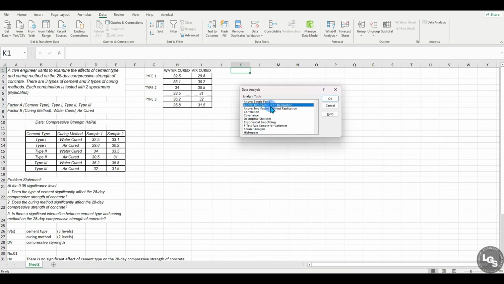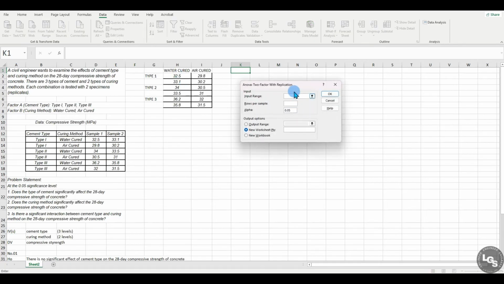So ANOVA two-factor with replication, we will use that if we have more than one sample for each combination. For the ANOVA two-factor without replication, we use it if we only have one trial or one specimen or one replicate for each combination. So our sample problem is with replication because we have two samples for each combination.